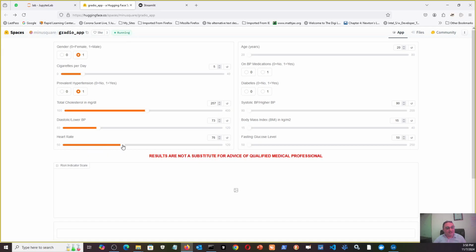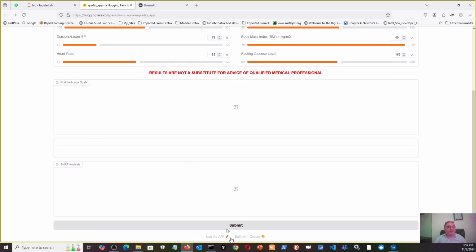Heart rate also I am taking slightly higher, 83. Age I am taking very old. The patient is very old. He is on BP medication. He has diabetes. His higher BP is also much more than 120, the normal value. And body mass index is also very high, so he is a fat person. And fasting glucose level is 169, 170, much higher than normally around 100 to 110.